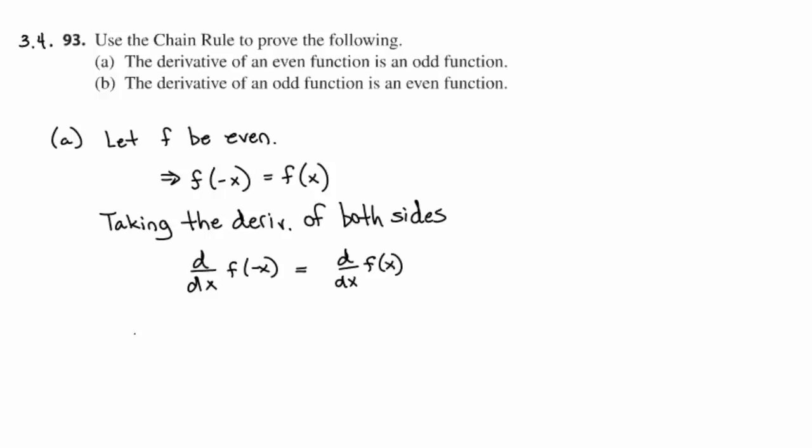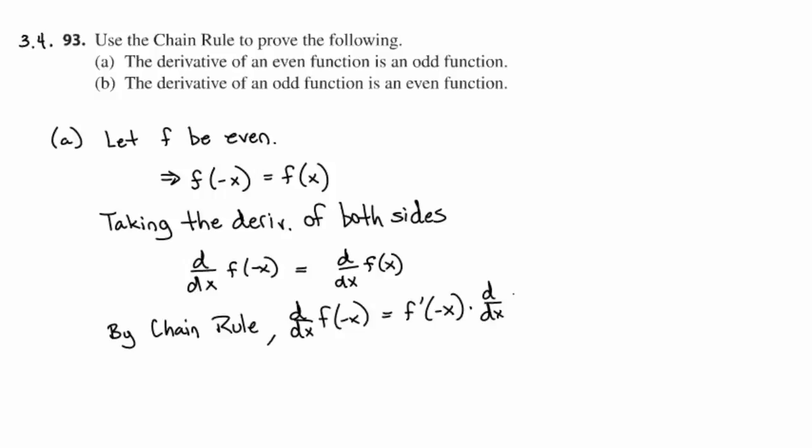Well, we get the following by chain rule. The left-hand side, the derivative with respect to x of f of negative x, is equal to f prime of negative x times the derivative of that negative x, which is negative 1.